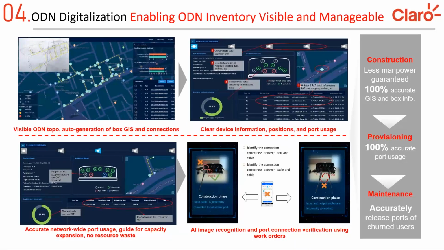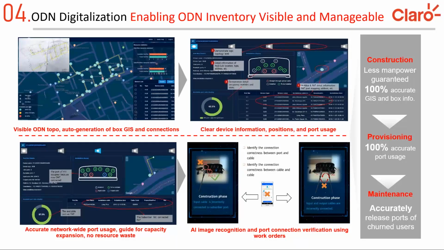So in this part, we can see how the digital ODN shows the topology that we have in the external plant. We can have the visible ODN topology auto-generated by the system, because the system has AI technology, and shows all the connections and relations between the materials.